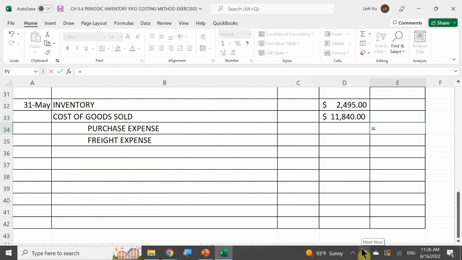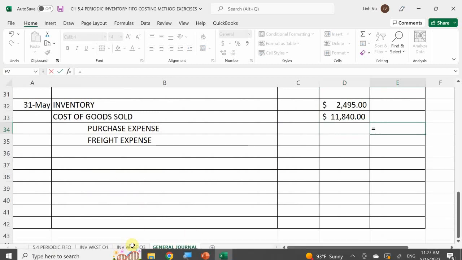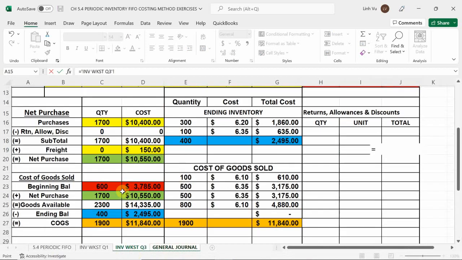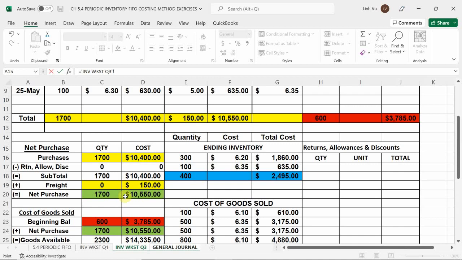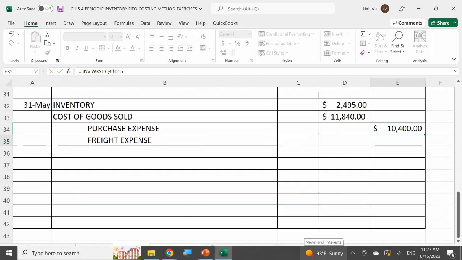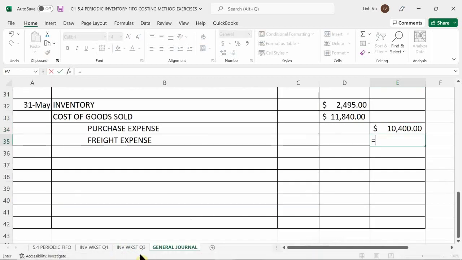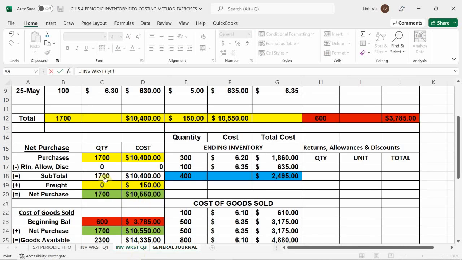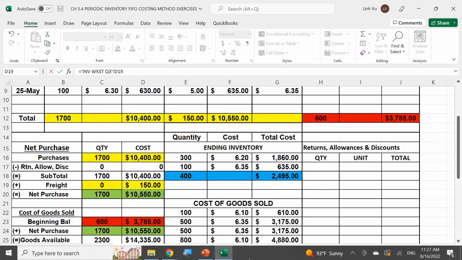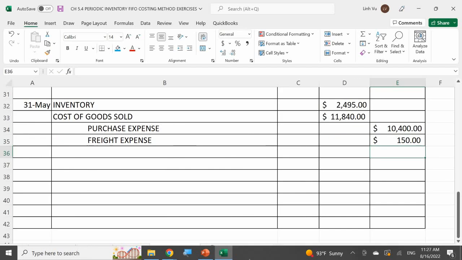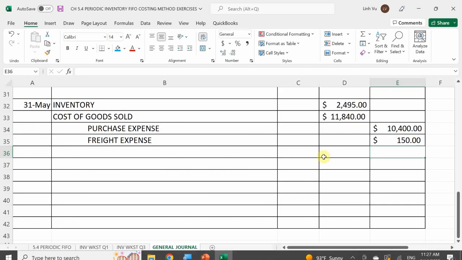Okay. What about my purchase expense? $10,400. Good. And then what about my freight expense? 100. Good. Okay, so let's go ahead and tally up my totals real quick.